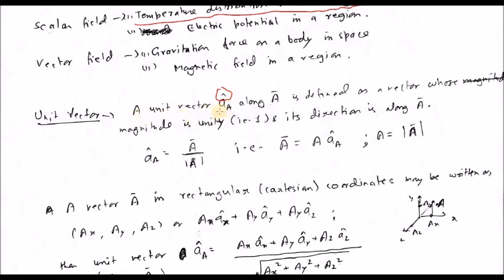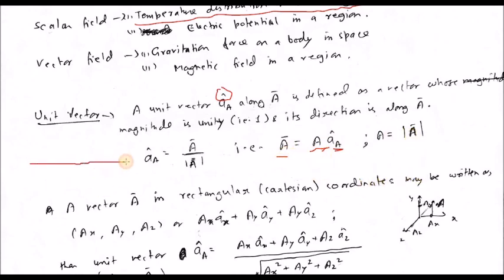So a unit vector small a cap along vector A, which is denoted here by a bar, is defined as a vector whose magnitude is unity, that is 1, and its direction is along A. So mathematically, unit vector a cap is vector A divided by its magnitude. So vector A can be denoted as magnitude of vector A times the unit vector. So this gives the magnitude of this vector, and this a cap gives the direction of this vector.